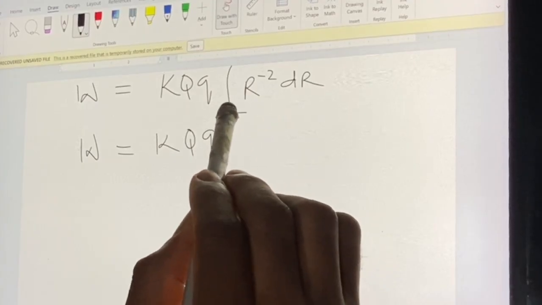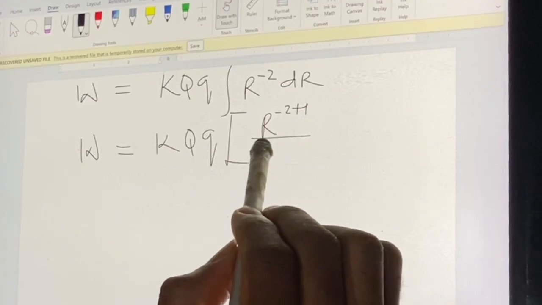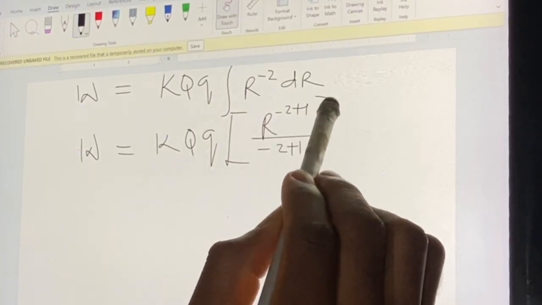I will have r raised to minus 2 plus 1 over minus 2 plus 1. Please take note of this.